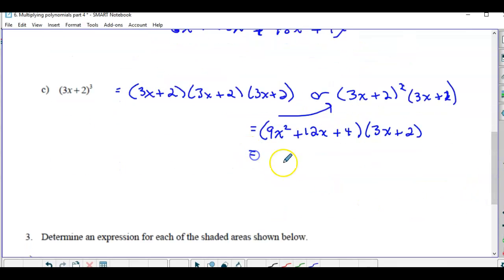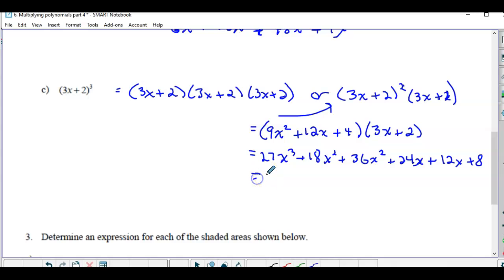Okay, so then that's going to be 27x cubed plus 18x squared plus 36x squared plus 24x plus 12x plus 8.